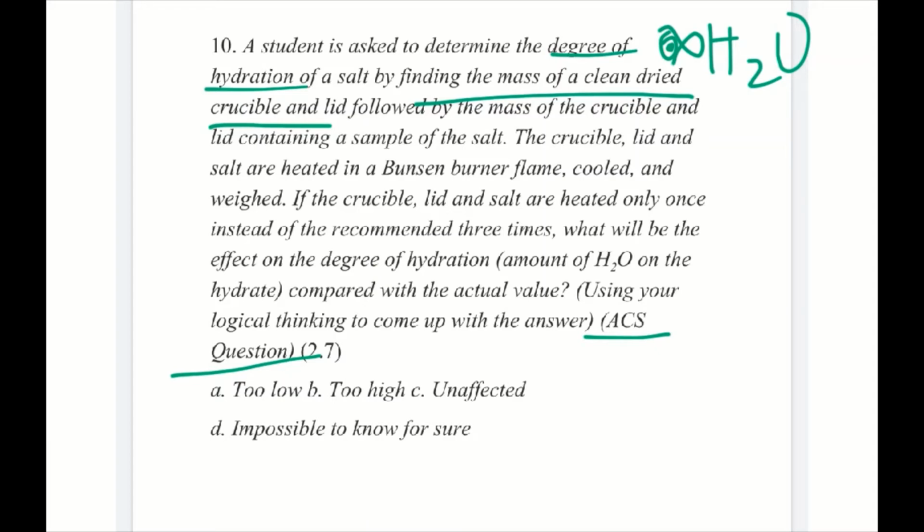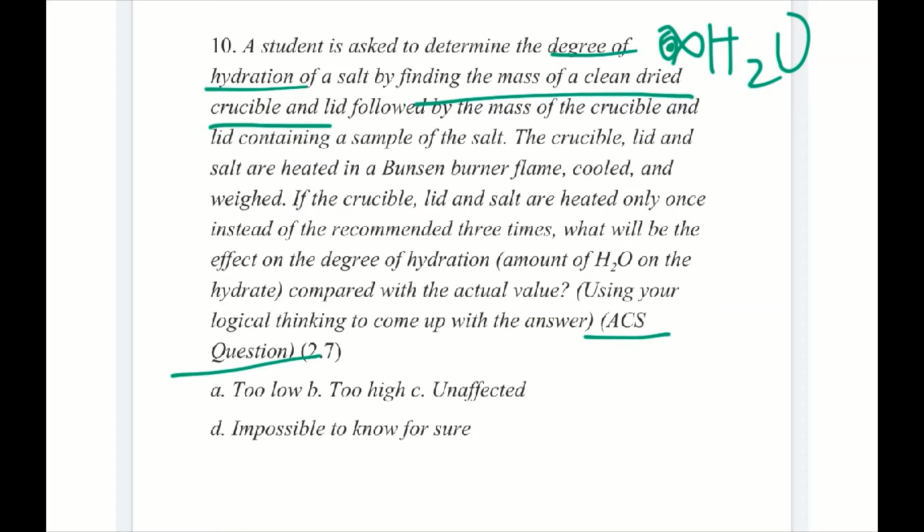The crucible, lid, and salt are heated in a Bunsen burner, cooled, and weighed. If the crucible, lid, and salt are heated only once instead of the recommended 3 times, what will be the effect on the degree of hydration compared with the actual value?